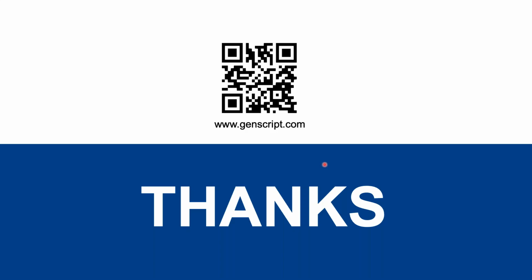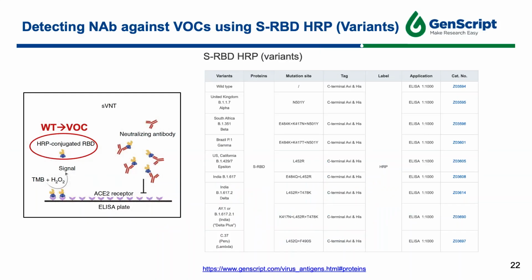Thank you very much for this question. So as I shared just now, let me go to the slide. The RBD included in the cPass kit is based on the wild type sequence. However, we have the option to purchase the variant HRP RBD so that you can also detect the neutralizing antibodies against the variants.